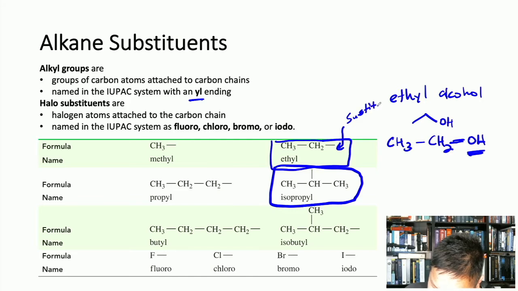So we look at isopropyl right here. We would draw it out in its condensed structural formula here. And if I add an OH at the top, or an alcohol, it becomes isopropyl alcohol. That's how you spell propyl. The Y comes first. There we go. Propyl alcohol.